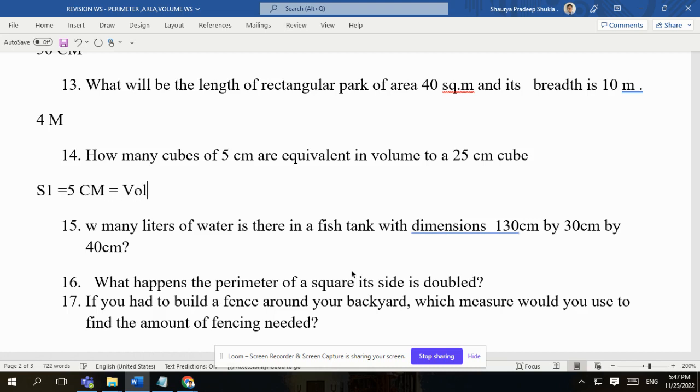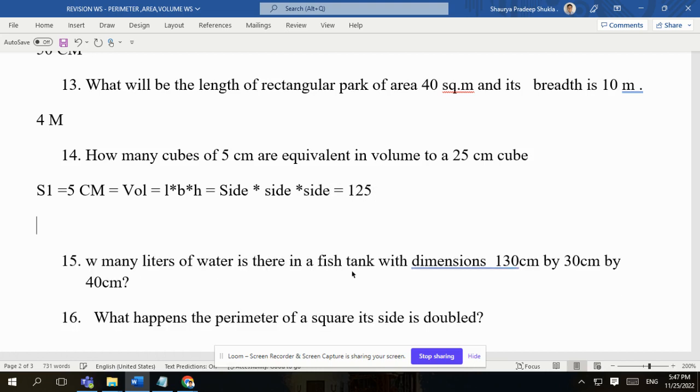The volume of a cube is, as I told you, L multiplied by B multiplied by H. In the case of a cube, all of them are the same, so it's side multiplied by side multiplied by side. So 5 multiplied by 5 multiplied by 5 is 125 centimeter cube. That is S1.